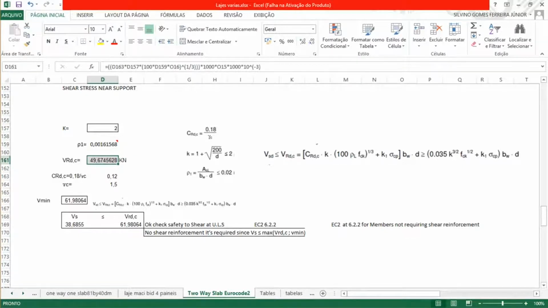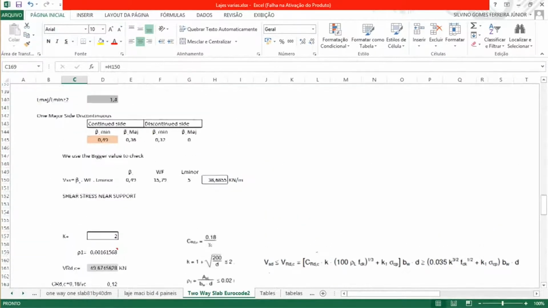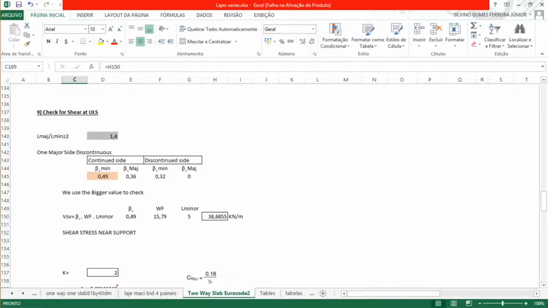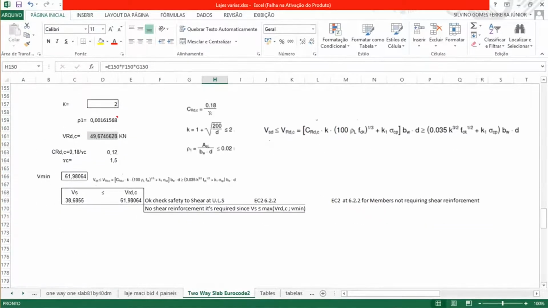So the maximum between these two for the resistance is this one, 61.98, and since what we calculated was 38.68 here, it's less or equal, is minor than the resistance 61, so it checks for shear, so it doesn't require shear reinforcement.